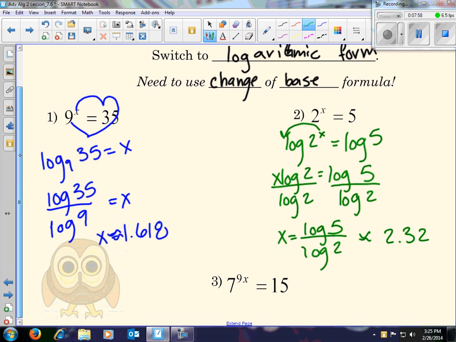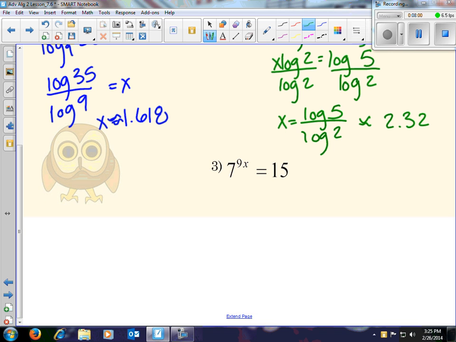Now the last one, I'm going to do it the first way. So I have this here. I'm going to change this using my little heart thing. So I have log base 7 of 15 is equal to 9x. Now, what I need to do is get x by itself.